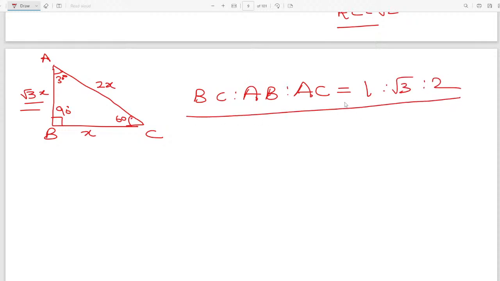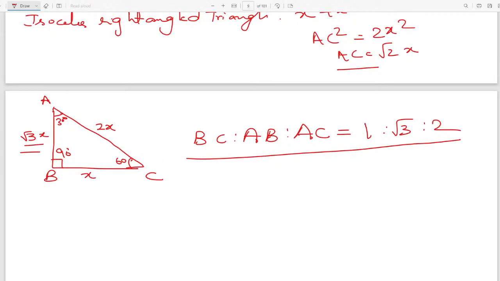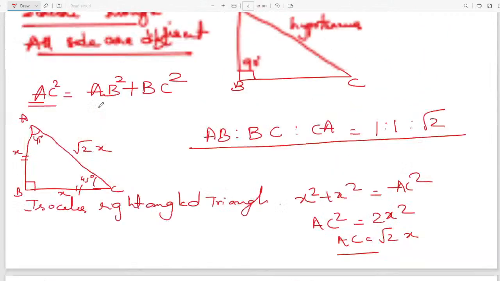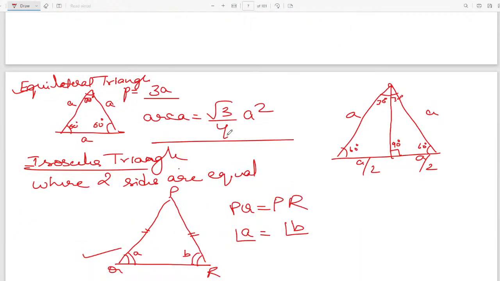This is one relationship between these two sides. So we know that this side would be root 3 times of this. So if we take this equilateral triangle here, we have the same 30, 60, 90 degree. In front of 30, there is A by 2.